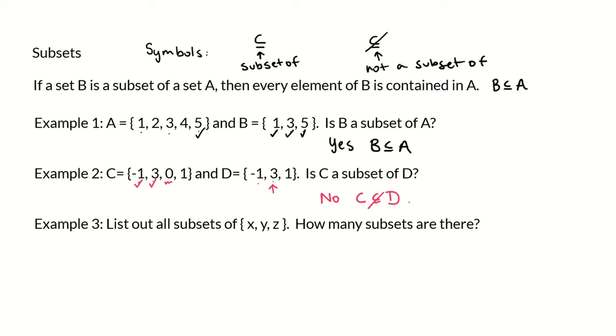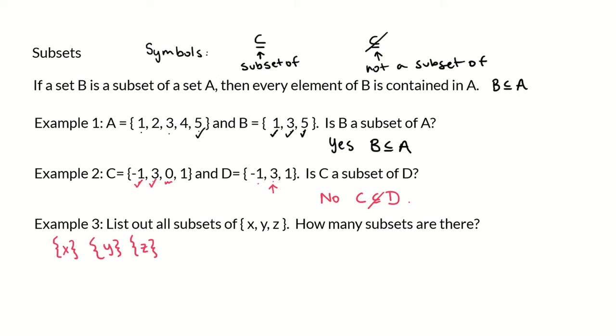Example 3, list out all the subsets of {X, Y, Z}, and we want to know how many subsets there are. So when we list out these subsets, we could start with each of the sets that only contains one element. So each of the individual sets {X}, {Y}, and {Z}, those are all subsets of the larger set {X, Y, Z}.